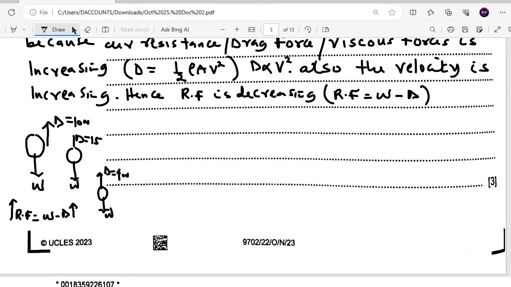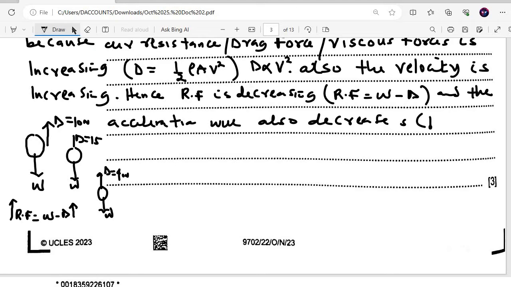From Newton's second law of motion, as the resultant force decreases, the acceleration will definitely also decrease. Force is proportional to acceleration.